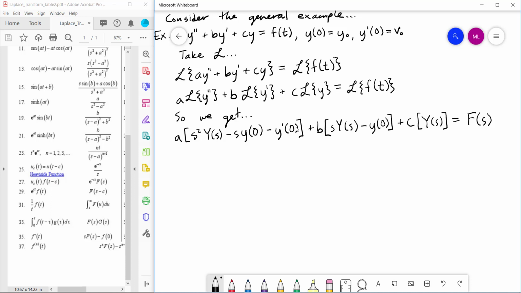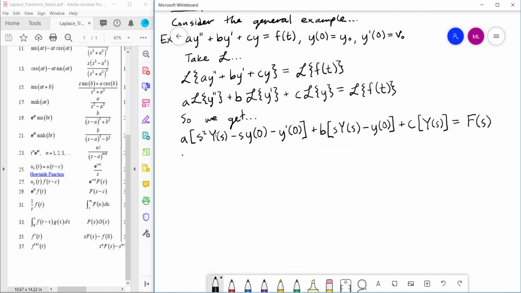So if we clean this up a little bit, I'm going to collect all the terms that involve this capital Y of s. I'm going to factor them all out together and rearrange the way this looks. This is the algebraic step that we always want to do. The first step after you've got it written out is to group all the capital Y of s terms together and factor them out.